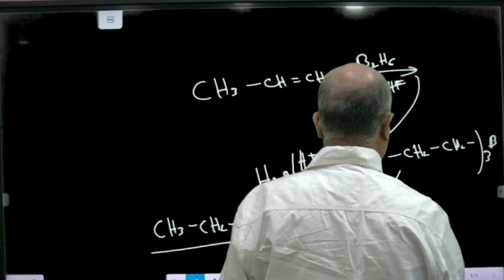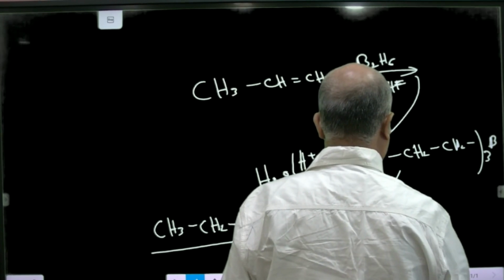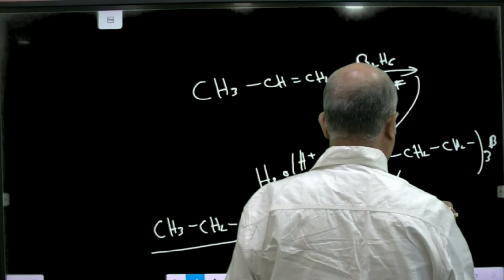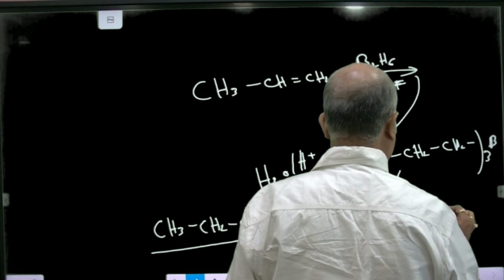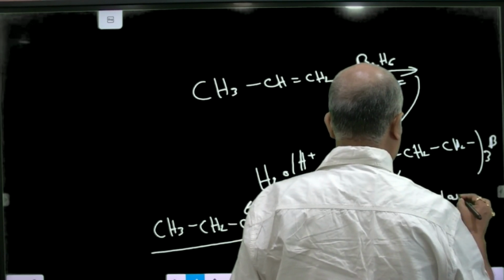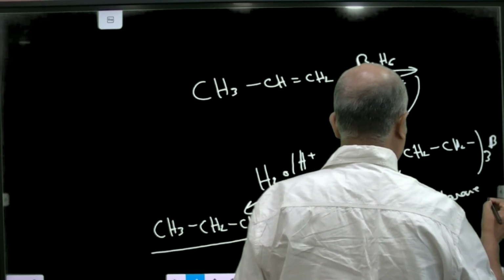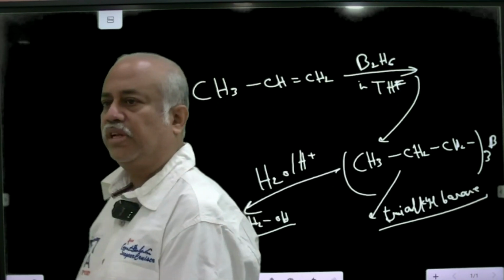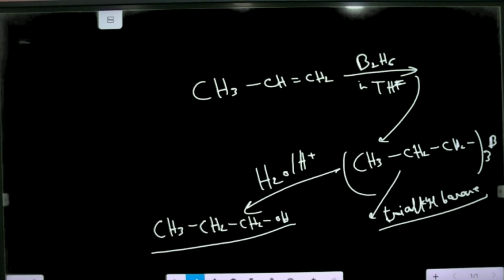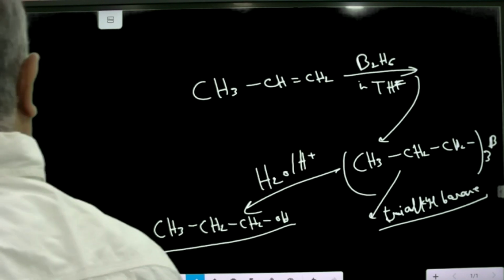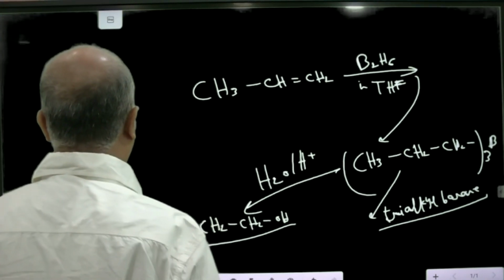Trialkyl borane. That is according to the anti-Markovnikov rule. That is the yield of primary alcohol.